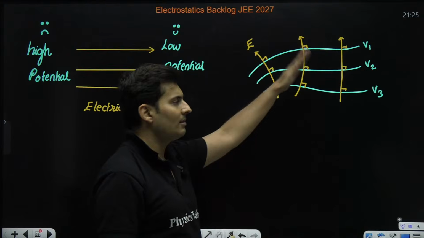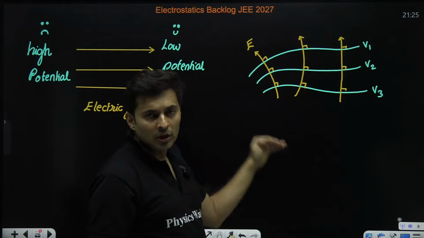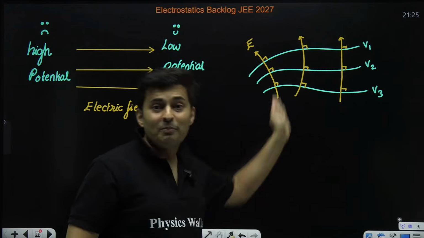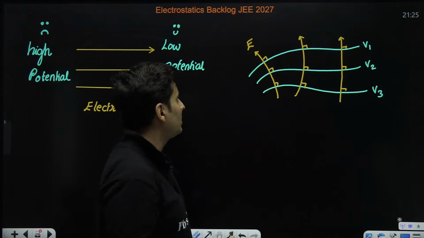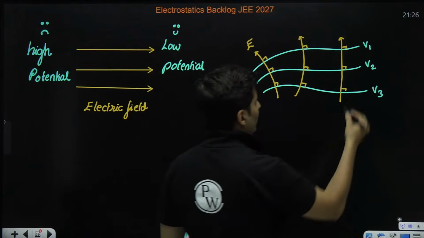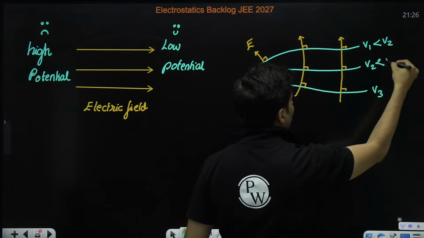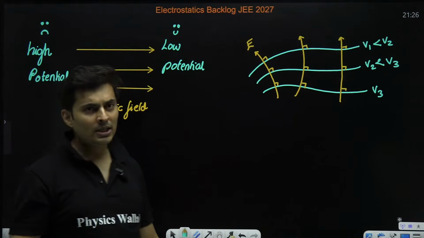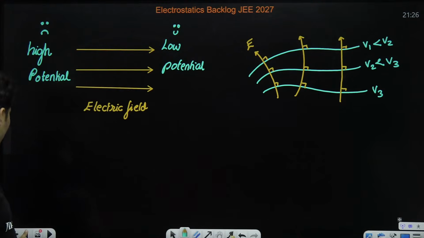It cannot go in some random direction. If it misses 90 degrees, it is then not going towards the lower potential energy. It will go along the steepest gradient, the steepest slope possible, towards lower potential. So if the field is going like this, it means potential 1 is less than potential 2 and potential 2 is less than potential 3, because it has to go towards lower potential. This is what it means symbolically or graphically.